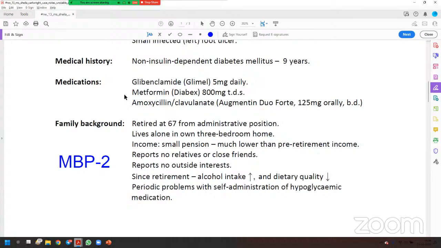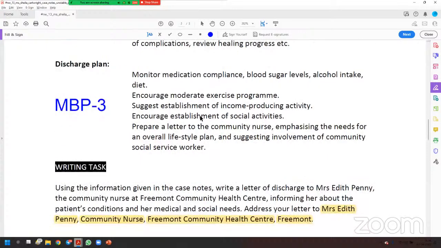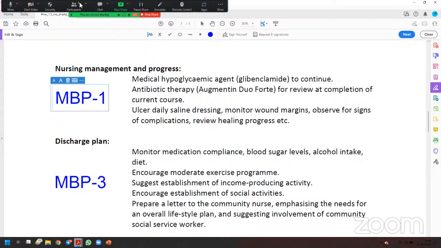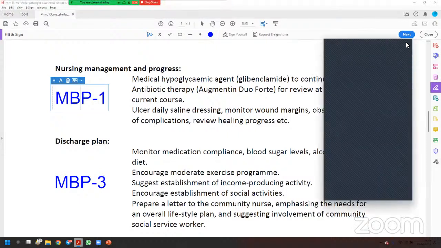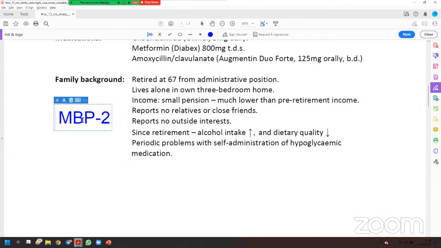Having cleared these things, in main body paragraph 1 you'll write about what treatment is given upon admission and all the other things. In the second paragraph, you can write about personal background, habits, social background, retirement, all these things.